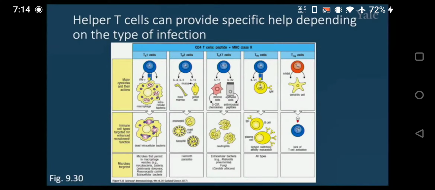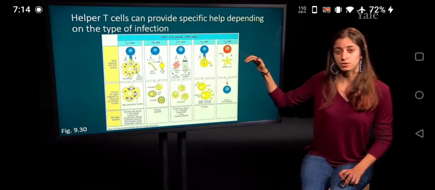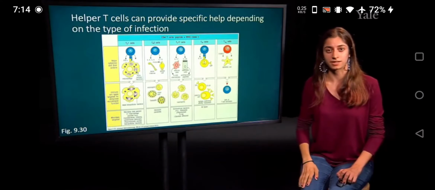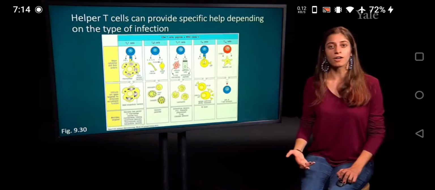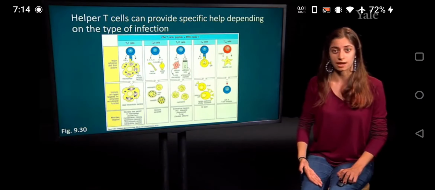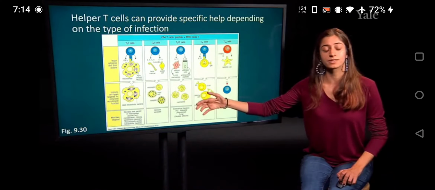But before I begin, let's first understand that in order for these subsets to be induced, they need to receive certain cytokine signaling from the antigen-presenting cell. You may recall that this is actually signal 3 of the 3-signal activation steps, which then tell the CD4 T cell what kind of helper it needs to become.